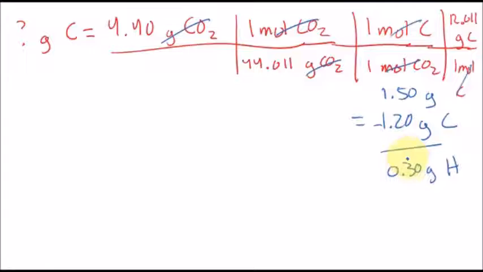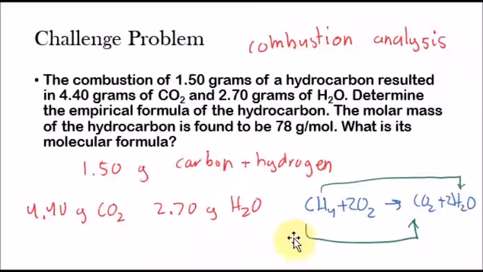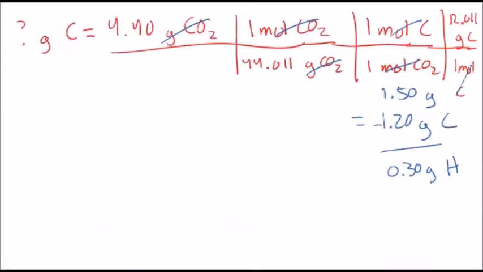Now there's a very easy way of checking. Well, all we have to do is find out what the mass of the hydrogen within this water here is, and hopefully that is 0.30 grams of hydrogen. So let's go ahead and check that out really quickly. So how many grams of hydrogen are in 2.70 grams of water?